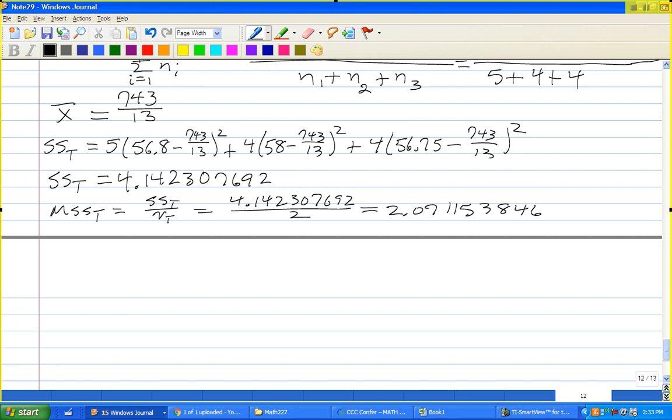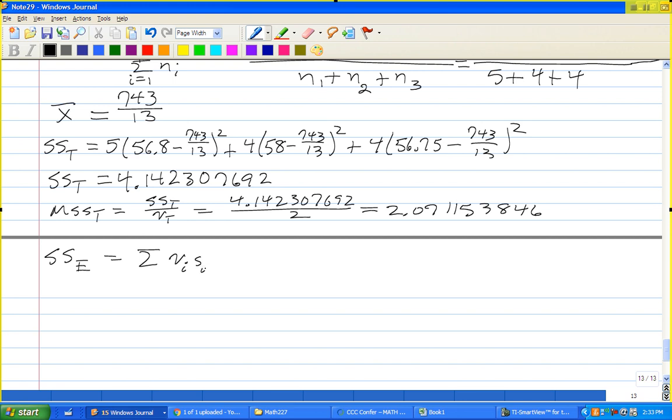So now let's do it for the error. So the sum of squares for the error is just the sum of the degrees of freedom times the variances.